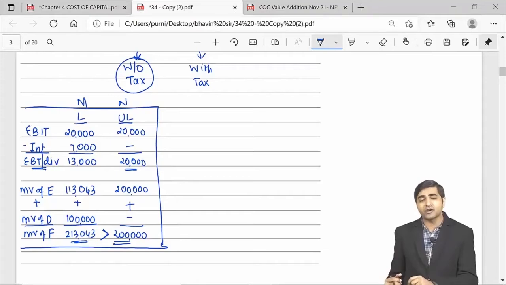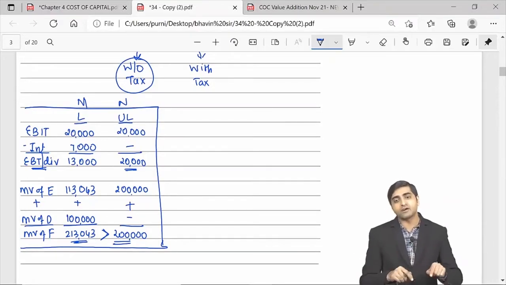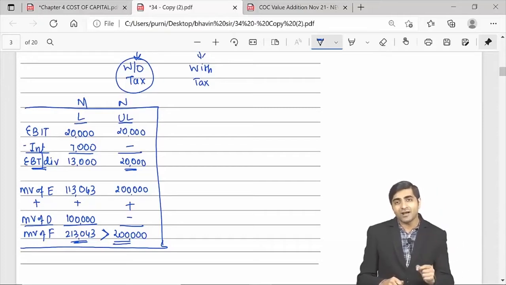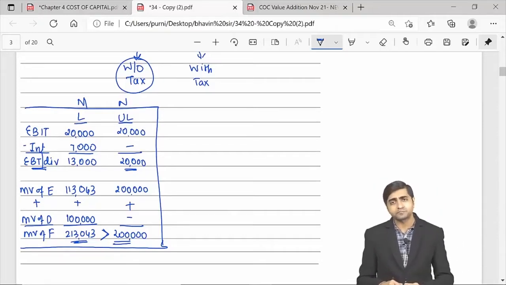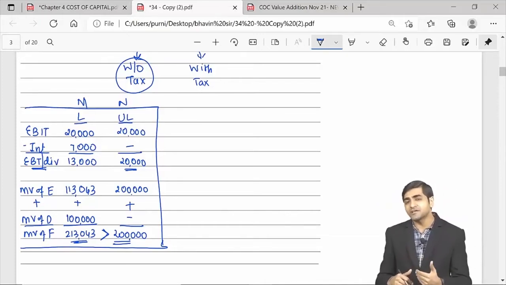In that question, the market value of the unlevered company will be more than that of the levered company, so you have to shift your investments from levered to unlevered, and while doing so, you will earn some arbitrage profits.